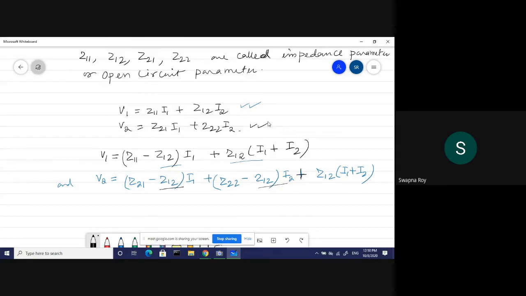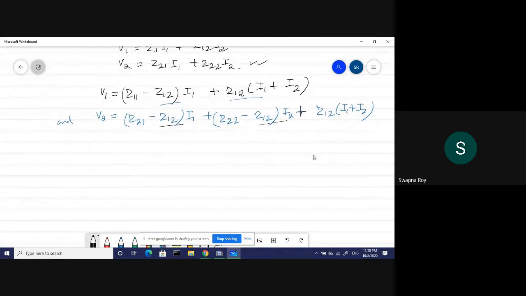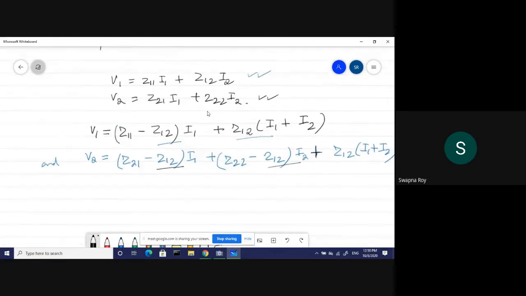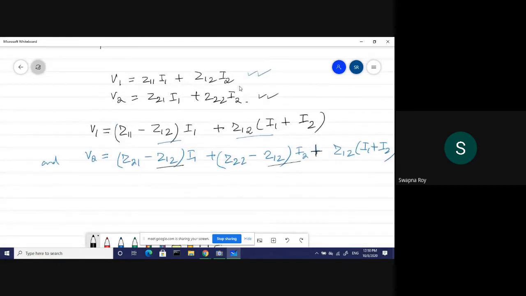Now I have to draw the basic Z parameter equivalent circuit. For this, for the input port, I can see impedance like Z11 I1 plus Z12 I2.